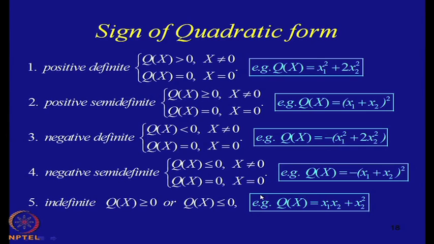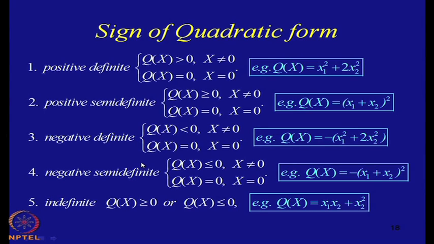But if we have n variables, more than 2, such as 3, 4, 5, 6, looking at the expression of the quadratic form, it is not always so easy to say whether the corresponding matrix is positive definite or positive semi-definite, etc. That is why there should be some process to check it.